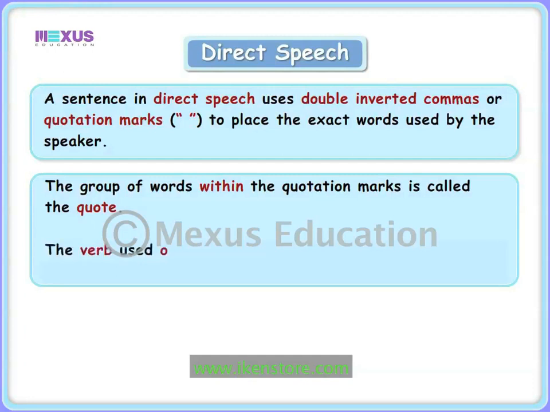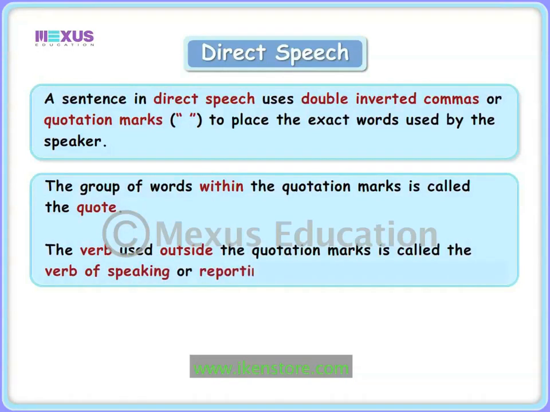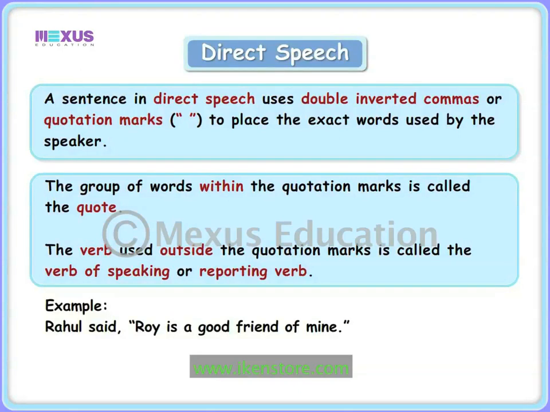The verb used outside the quotation marks is called the verb of speaking or reporting verb. In the example here, Roy is a good friend of mine is the quote. It is placed within the quotation marks since this group refers to the exact words used by Rahul. The word said is the reporting verb placed outside the quotation marks.